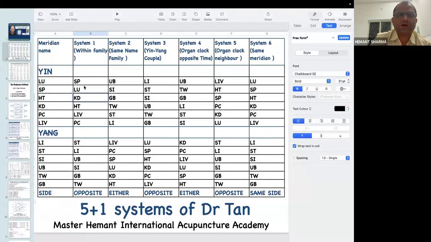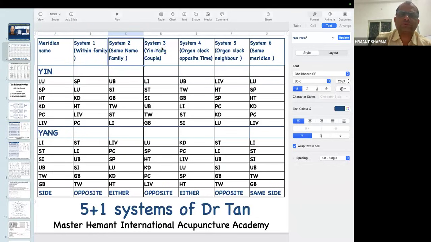Now, if you want to learn the Dr. 10 balance method, then there is a concept of how the spleen, why the spleen is balancing lung, why the UV is balancing lung, why the LI is balancing the lung, why the liver, why the lung.